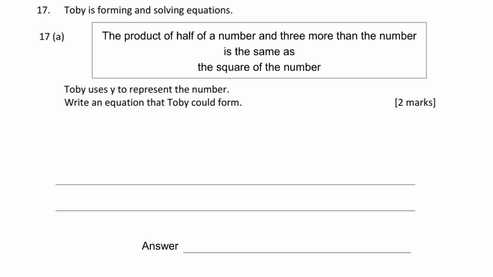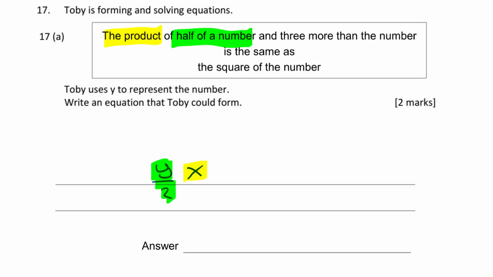Okay, so the product of half of a number and 3 more than the number is the same as the square of the number. So product in maths means multiplied. So we're going to have two things multiplied together. So that's that part there. Then we've got half of a number. Well, if y is our number, then half of the number is going to be y over 2.